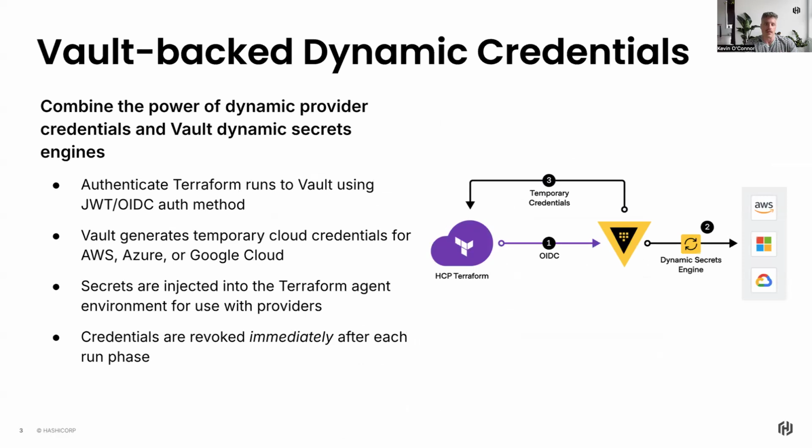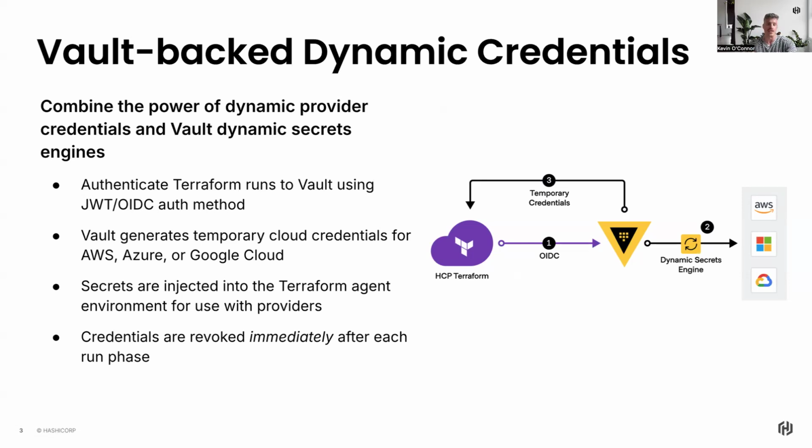Before diving into detail, I want to cover the overview of the flow for this use case and demo. So the vault-backed dynamic credentials refers to these Vault secrets engines that allow you to generate these credentials for AWS, Google Cloud, and Azure. The way it works is first HCP Terraform runs are authenticated to Vault using OIDC workload identity tokens.